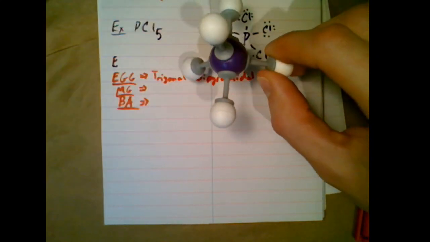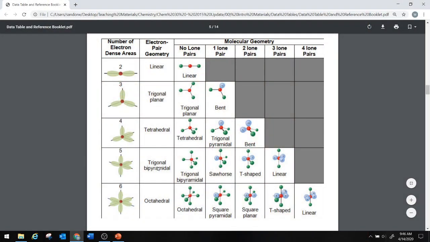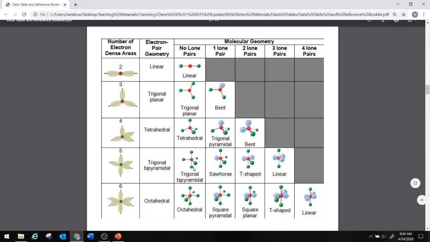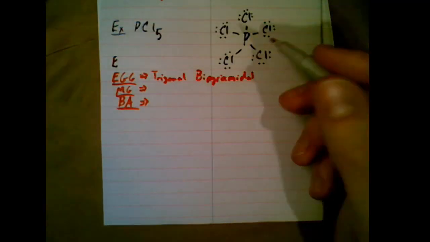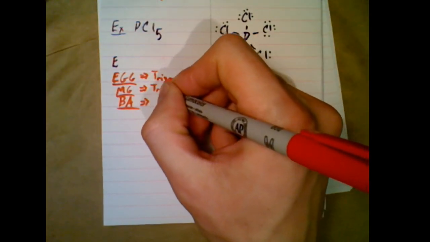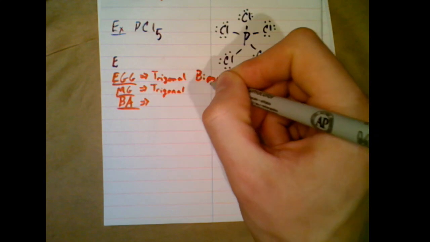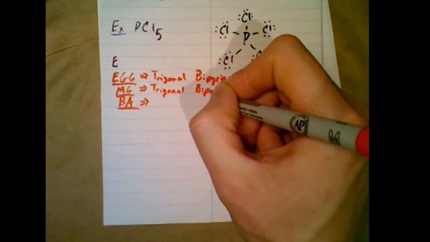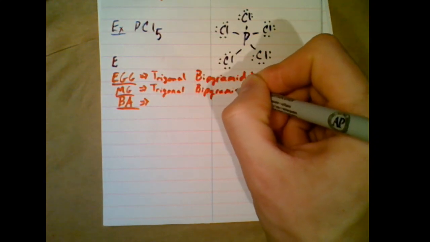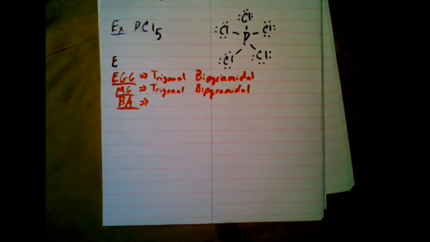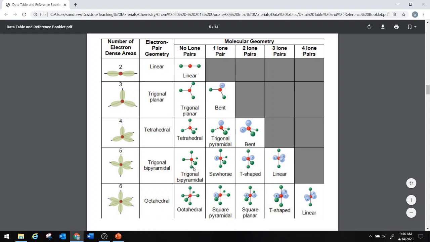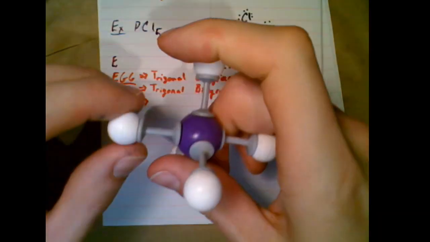Now, this structure, we're going to go back to our chart, has the same molecular geometry because there are no lone pairs. And so the molecular geometry is also, in this case, trigonal bipyramidal. But it does contain my favorite molecular geometry. And I know that probably seems weird that I have a favorite molecular geometry, but it's this one, the sawhorse, which I learned to be called the seesaw.